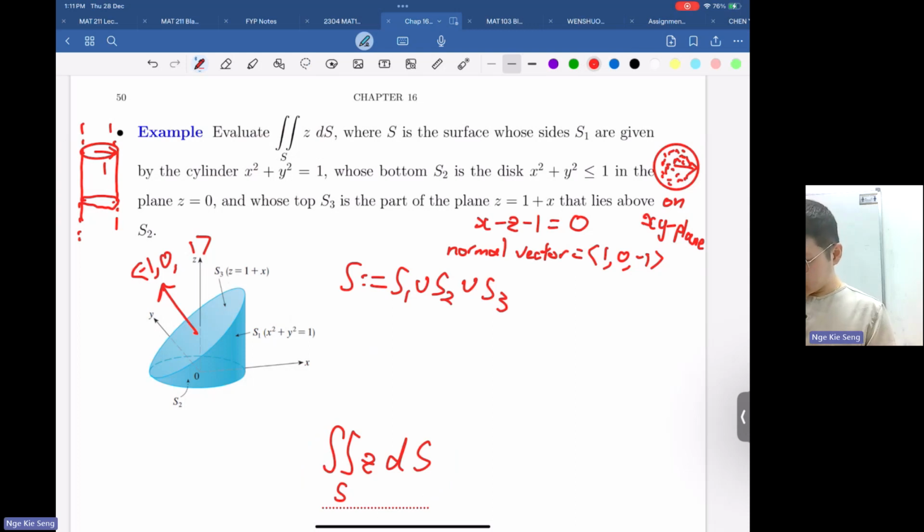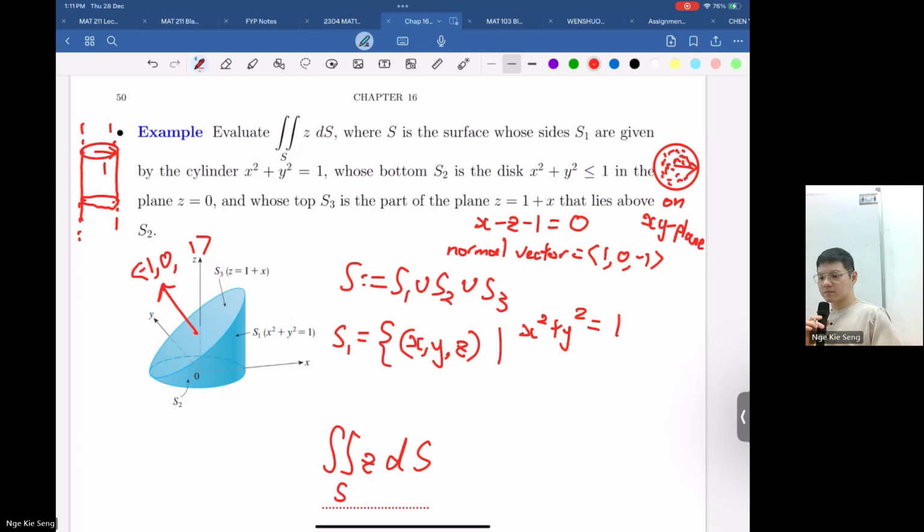So what is S1? S1 is a cylinder. It is all the (x, y, z) such that x squared plus y squared equals 1. But it is cut off at the bottom by z equals 0, so your z must be greater than or equal to 0.